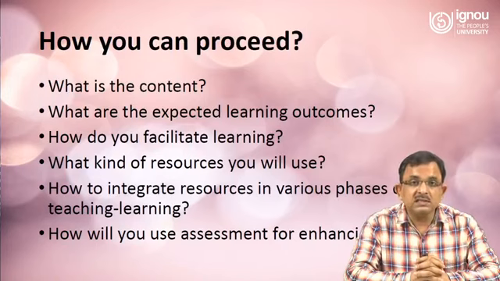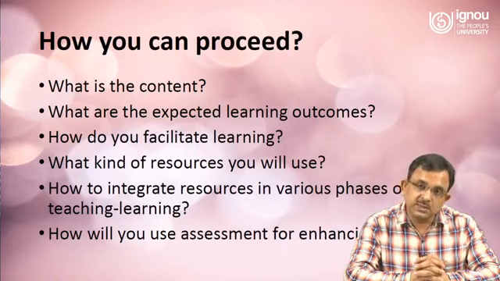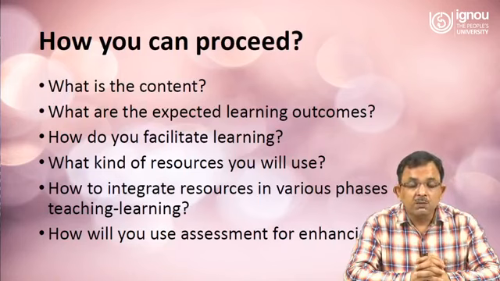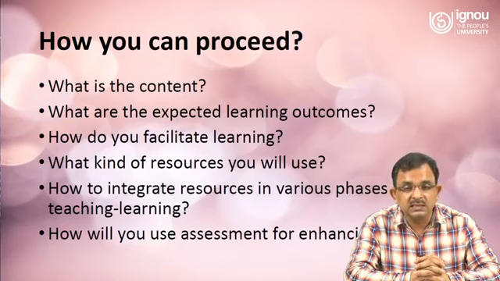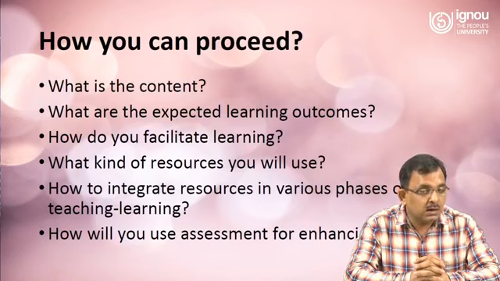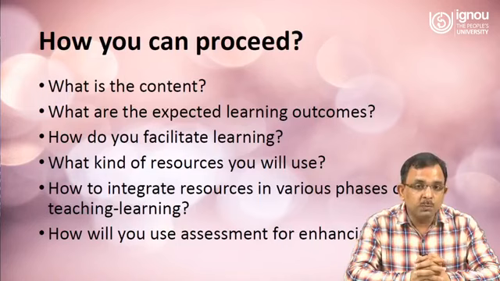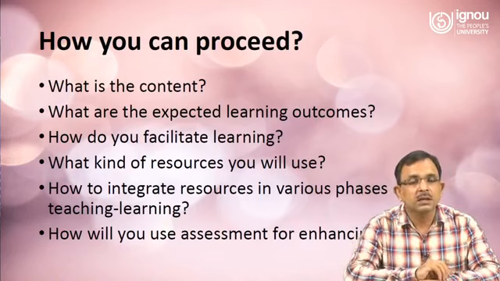If a student is dealing with the concepts under the theme food in class 8, what are the expected learning outcomes? If a student is dealing with the content under the theme food at class 10 level, what will be the expected learning outcomes? So you plan the expected learning outcomes at a particular level.